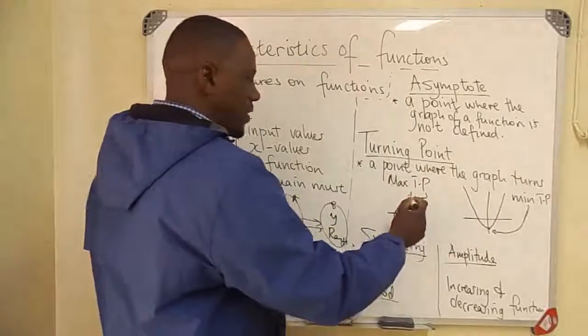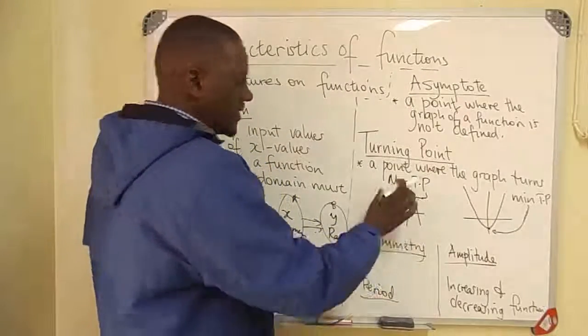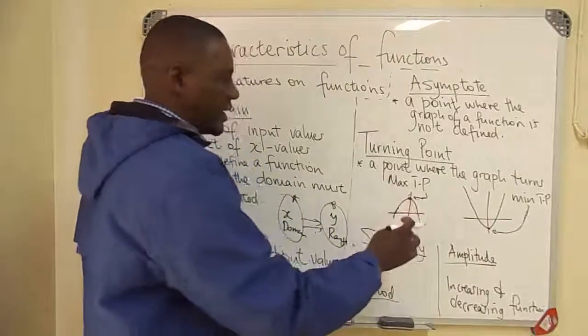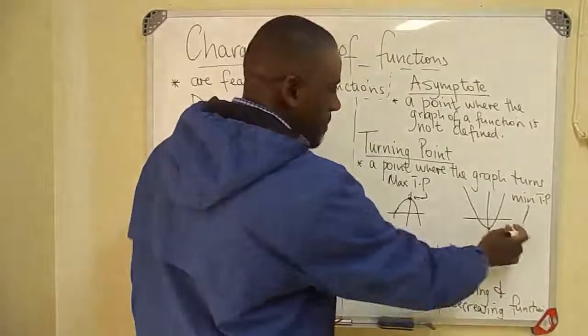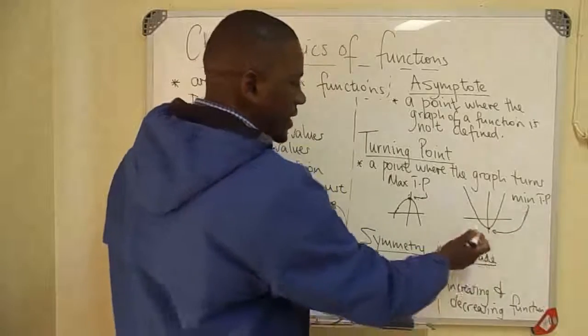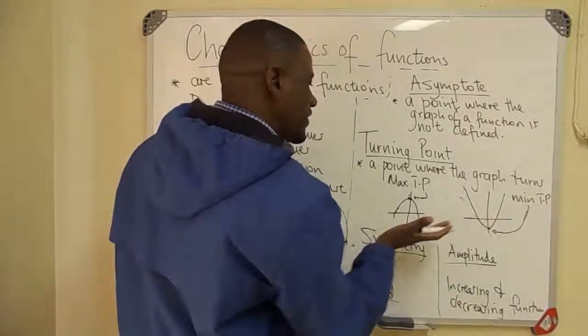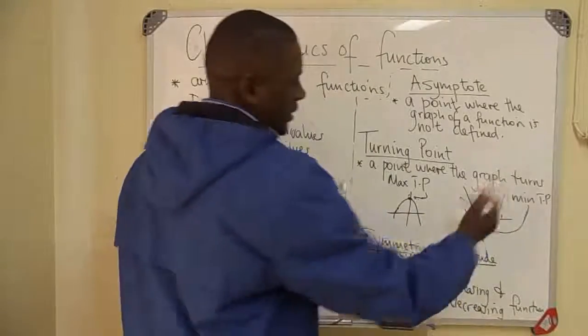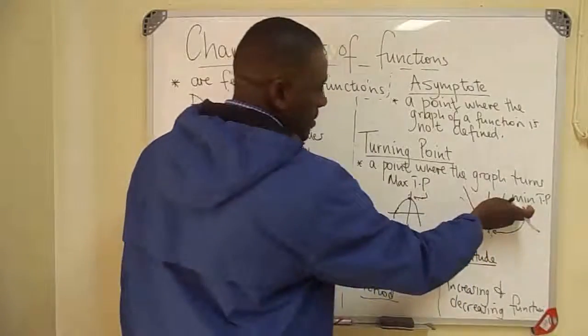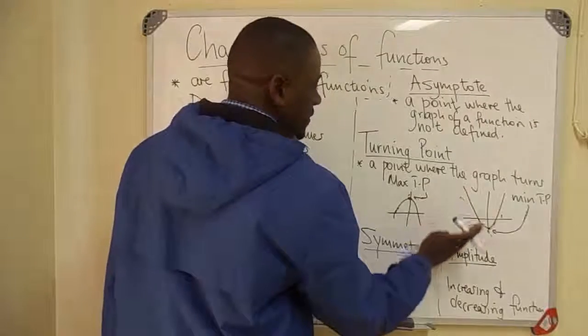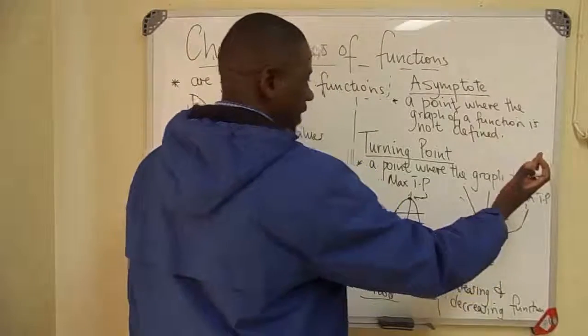That particular point where the gradient is 0 is the maximum turning point. And then we have here the minimum turning point. At the minimum turning point, if we draw a line here, the gradient is negative, then 0, and then positive. So at a minimum turning point, we move from negative to 0, then positive gradient.